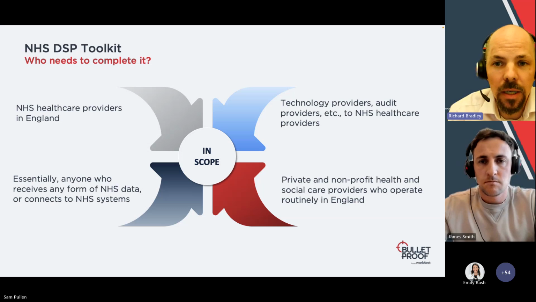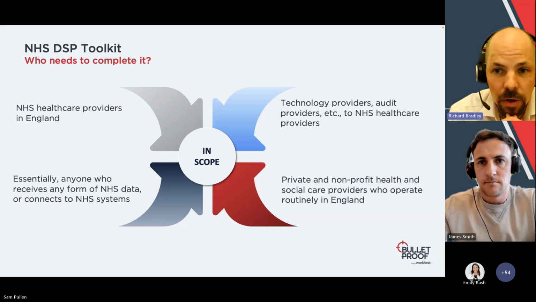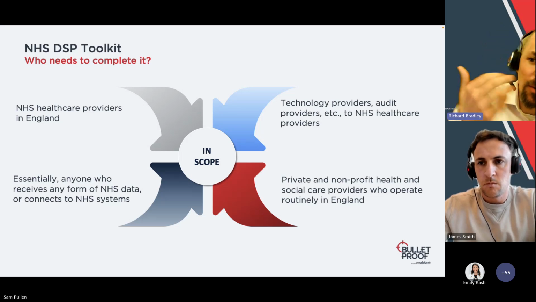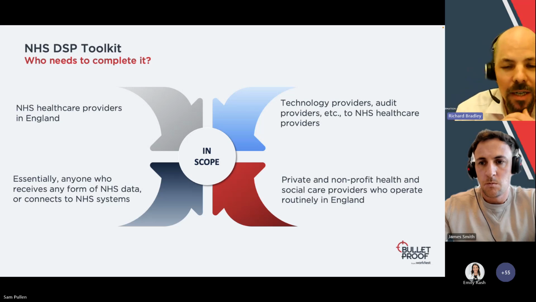Obviously, if you're providing frontline public health services of one form or another, that brings you into scope. But if you're an IT provider for a provider, or you're an audit provider, or you're an IT provider to an audit provider, you can sort of see how that expands.